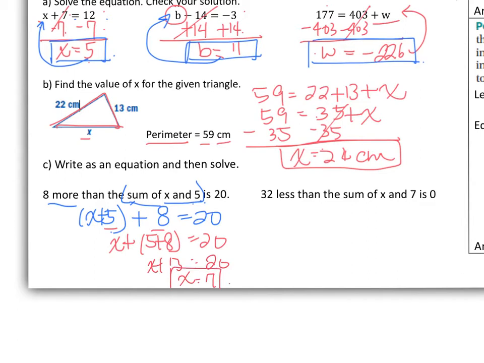And the next one, 32 less than the sum of x plus 7 equals 0. Again, we can first regroup 7 and negative 32. 7 minus 32 is negative 25.